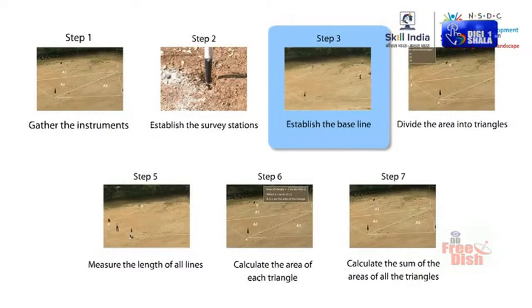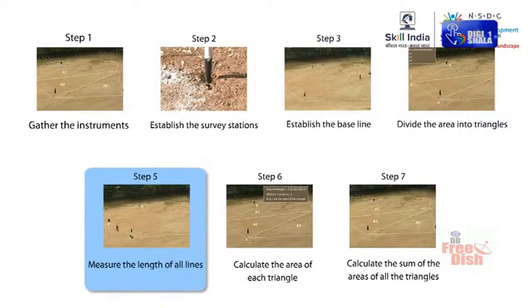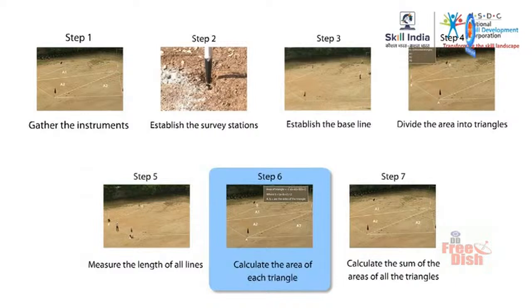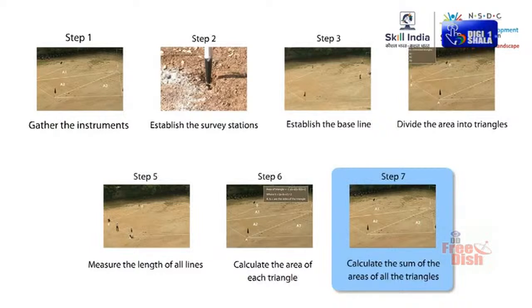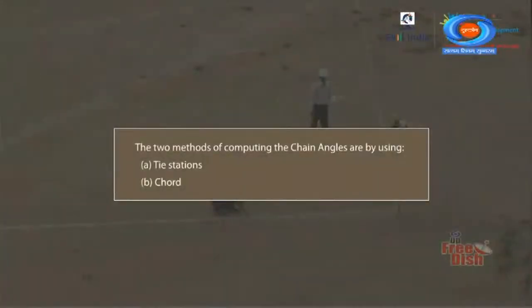Establish the baseline. Step 4. Divide the area into triangles. Step 5. Measure the length of all lines. Step 6. Calculate the area of each triangle. Step 7. Calculate the sum of the areas of all the triangles. The two methods of computing the chain angles are by using tie stations and chord.